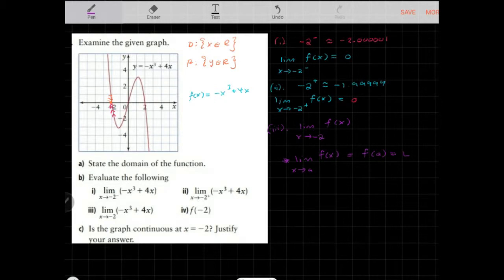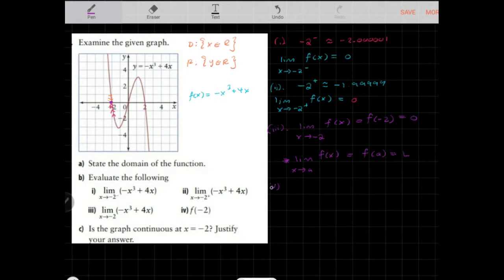If f of a doesn't exist, then this limit itself doesn't exist and the point doesn't exist, okay? So in this case, limit as x approaches -2 of f of x is equal to f of -2. And f of -2 here, if you look at your graph, is equal to 0. Okay, so the original limit is equal to 0, right?